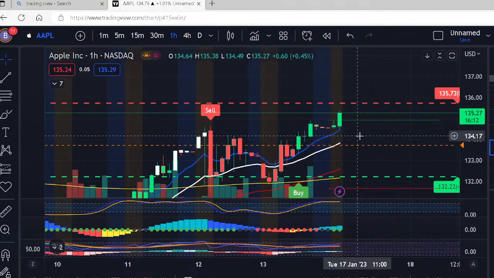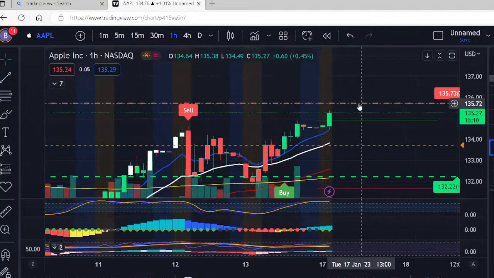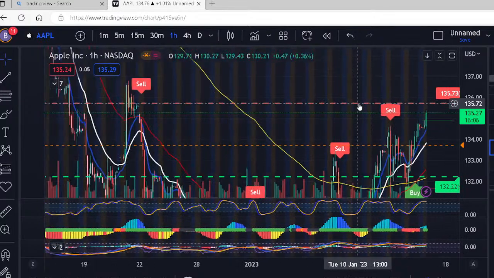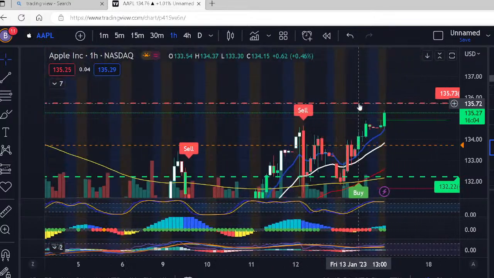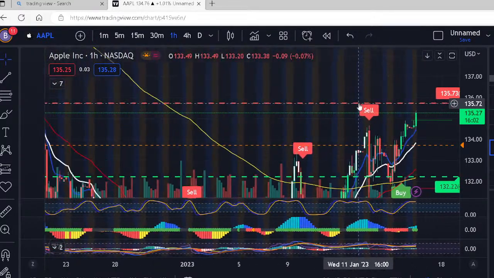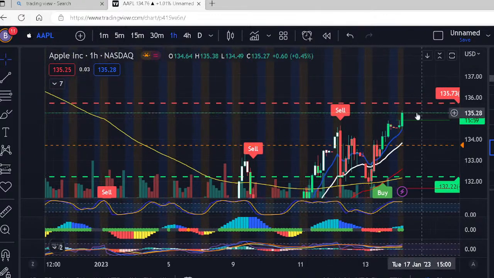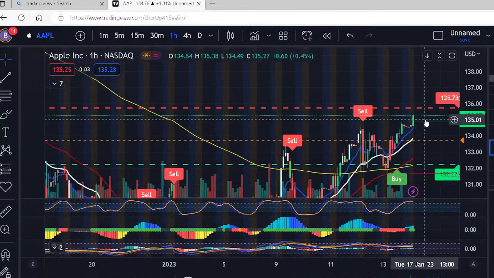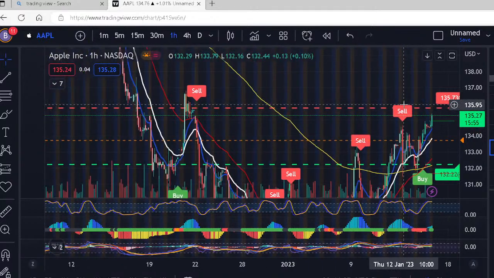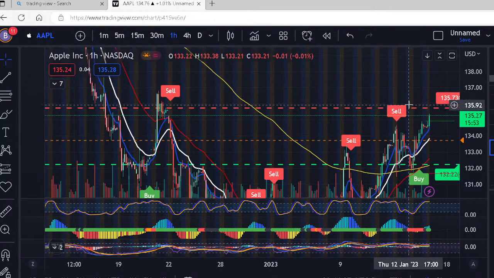So obviously, there's resistance at 135.73. For me to go calls, guys, it would obviously have to be above that because it's so close to it. I'm going to say calls right here at 136.20 just to be safe.